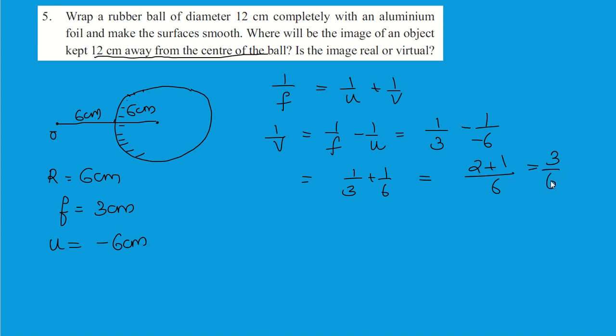So 3 by 6 or 1 by 2, or image distance v is equal to 2 centimeters. So we're getting the image distance positive. So this is going to be a virtual image. So this is how we apply the sign conventions and do the questions.